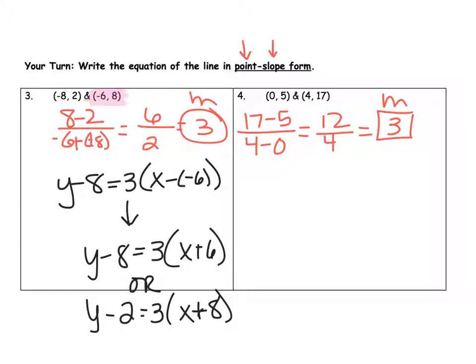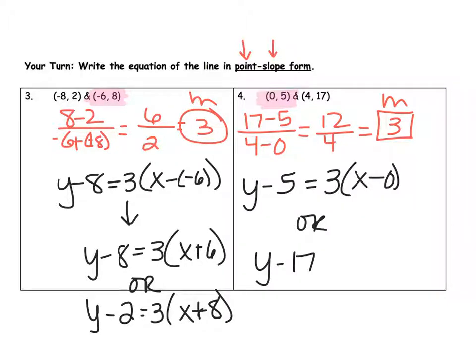Let's choose 0, 5. And construct our equation. We're going to get y minus 5 is equal to 3 times x minus 0. Or if you chose the other point, you could have gotten y minus 17 is equal to 3 times x minus 4.